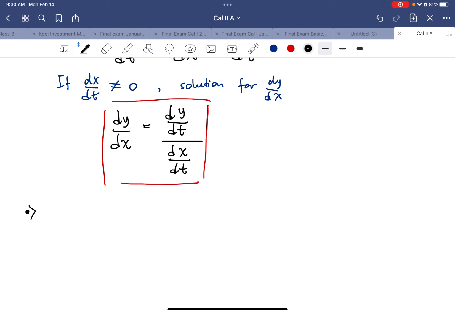Okay, let's say we have a curve defined by the parametric equations x equals t squared and y equals t cubed minus 3t.